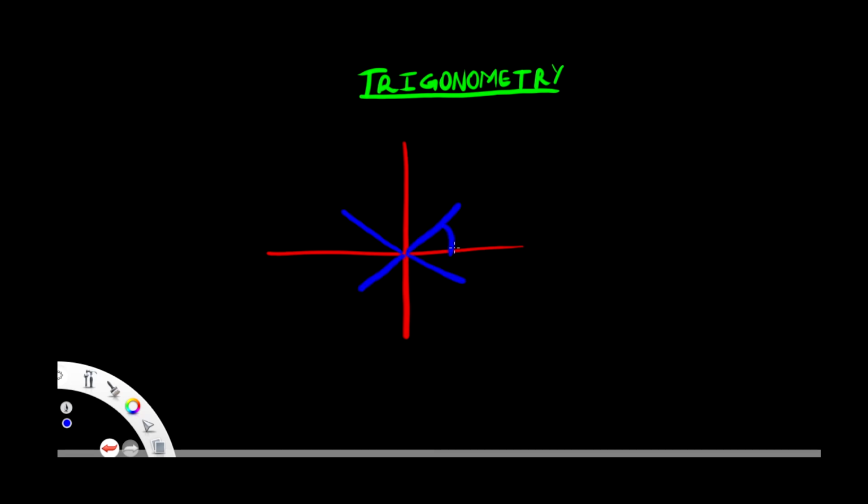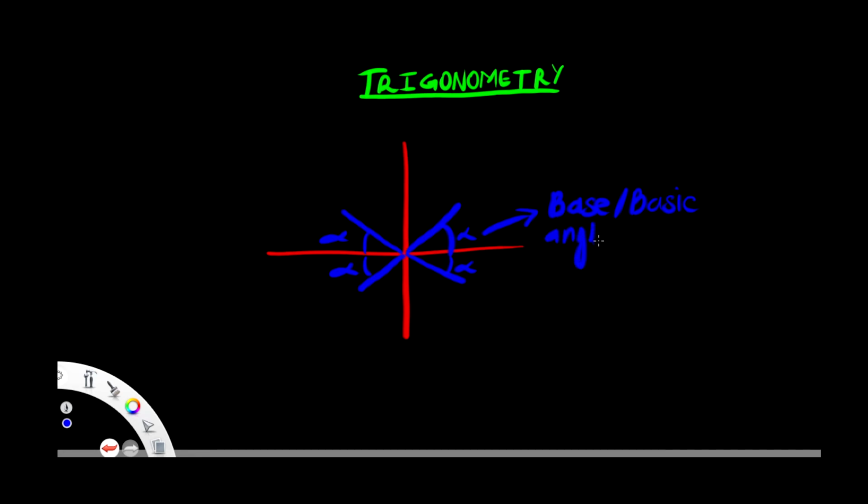And what is the basic angle? The basic angle is essentially the shortest possible angle, the shortest base angle. It's also known as the base angle or the basic angle, and is usually denoted by alpha.